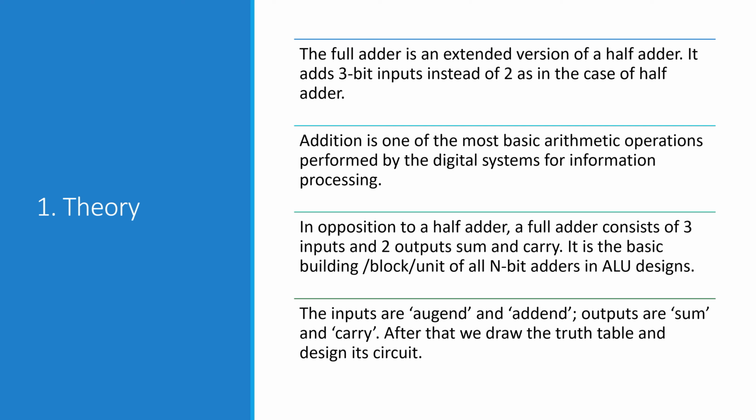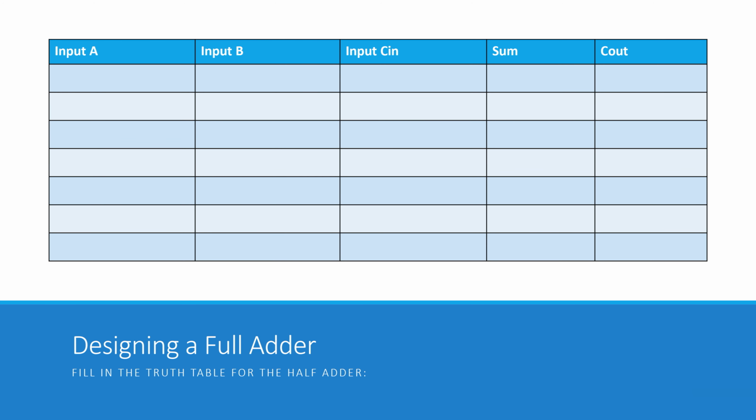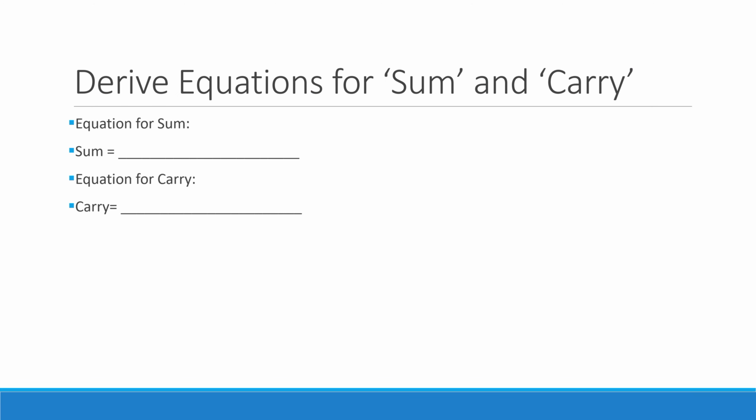In this case it is called a full adder because it involves the addition of 3 inputs. It is also the basic building block to build all sizes of adders involved in arithmetic logical design. The inputs are called augend and addend, and the outputs are sum and carry. Here we will write down its truth table, and after that we will derive its equations.